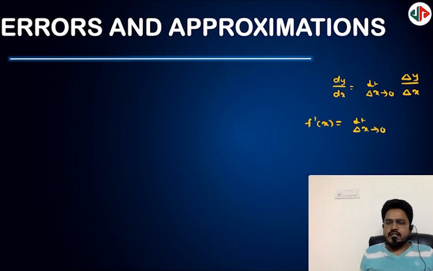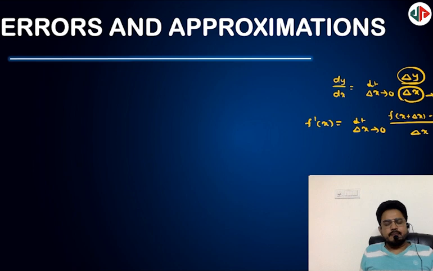What is change in y? That is f of x plus delta x minus f of x by delta x. So here this delta x is called error in x and this delta y is error in y.